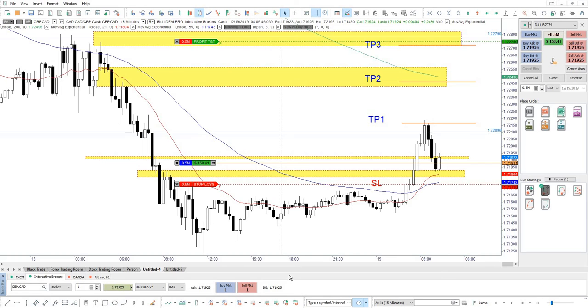So the plan is set, everything is very clear, very well laid out. We waited patiently, we have entered into the trade, we have defined the targets, and we have done everything correctly as per the trade plan, and we are just waiting for the outcome.